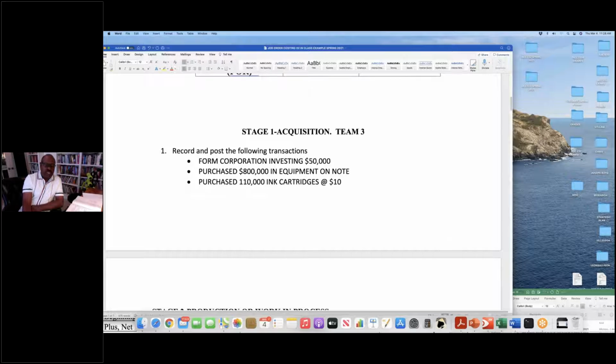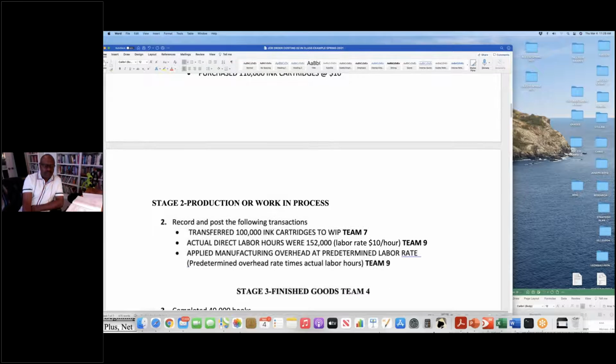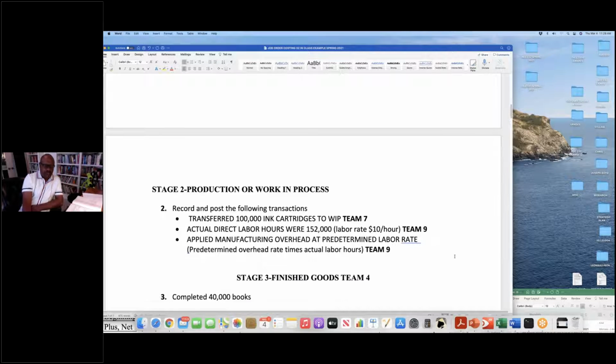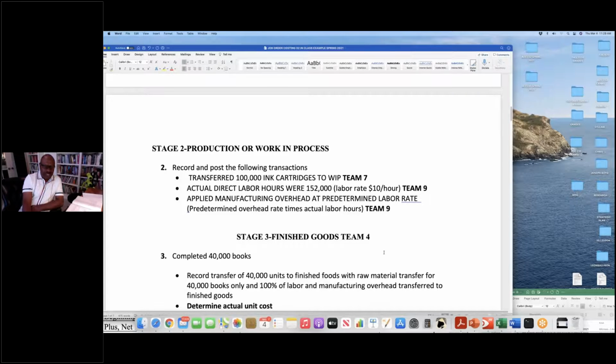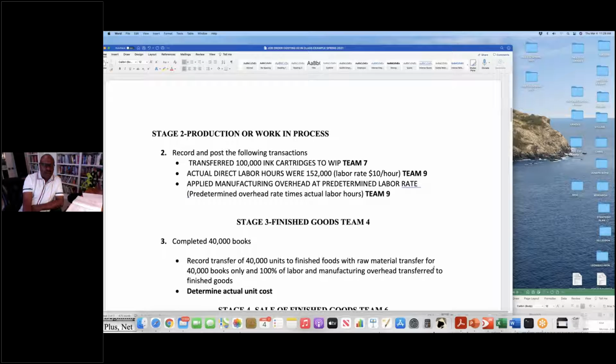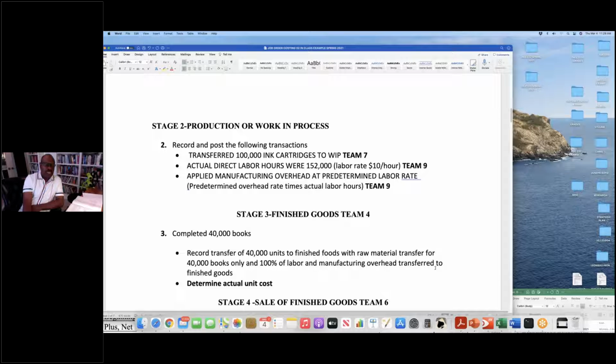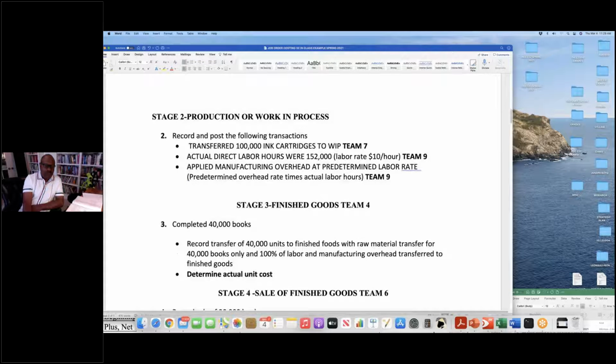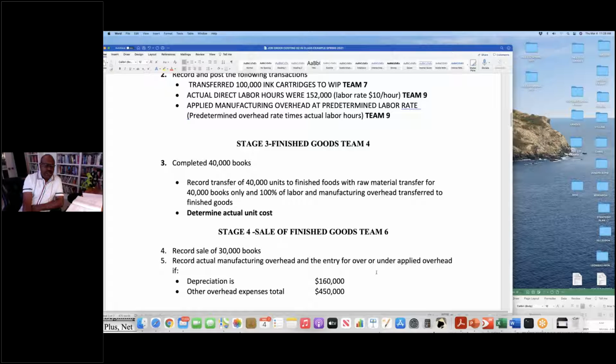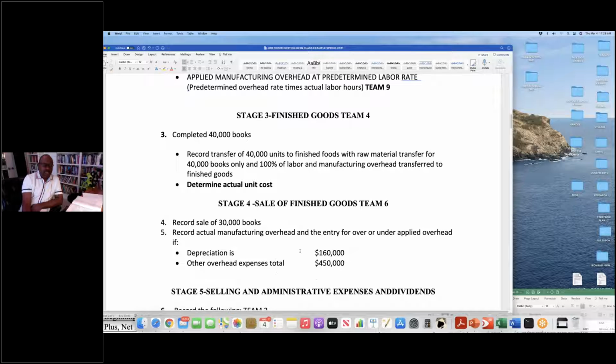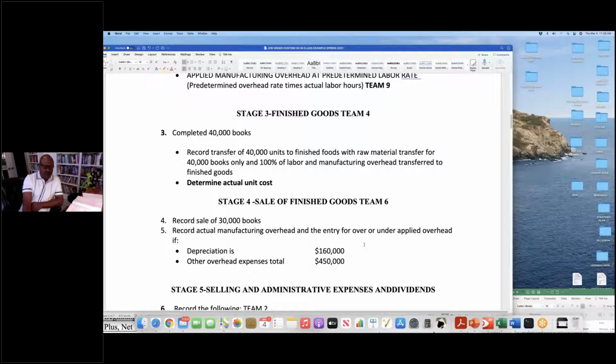So one person works on stage 1, another person works on stage 2, then stage 3 requires the efforts in 2 to be done. So the person working on stage 2 either does stage 2 or works on it. Then we have stage 4, where the work can begin on stage 4 in terms of the sale, but you have to work on the cost part. But then the manufacturing overhead part can be worked on right away.